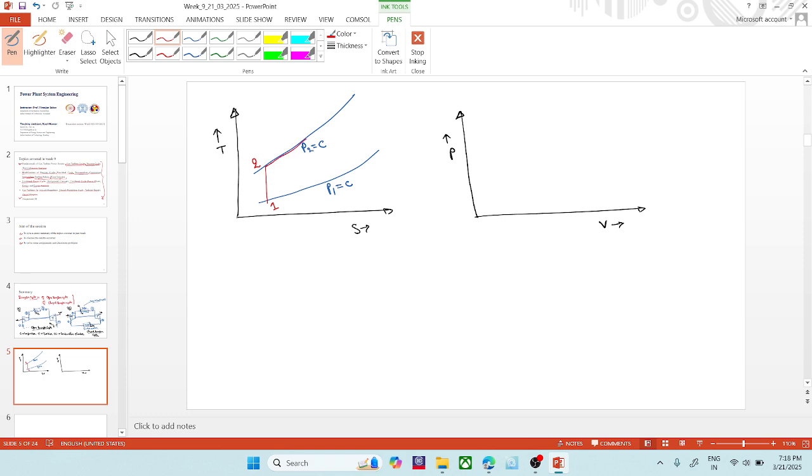Then the heat will be added in the combustion chamber from 2 to 3. This is point 3, and the combustion chamber works at constant pressure.